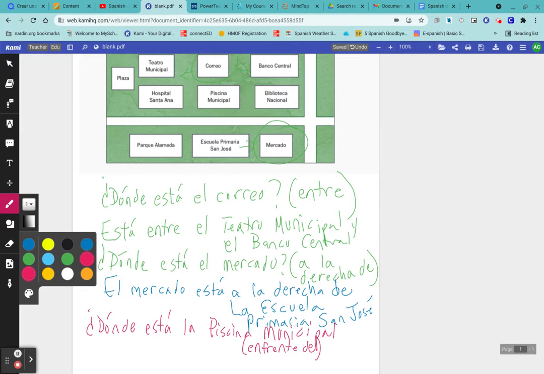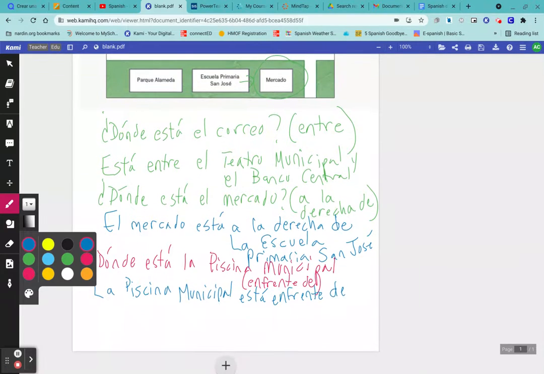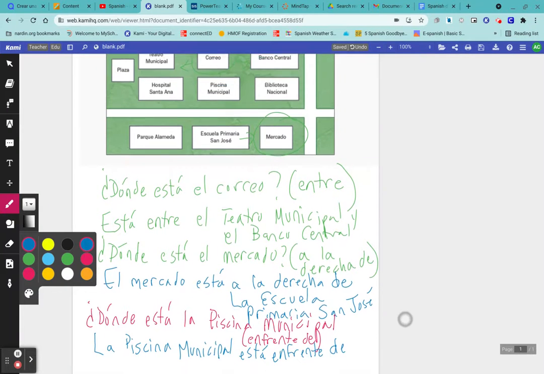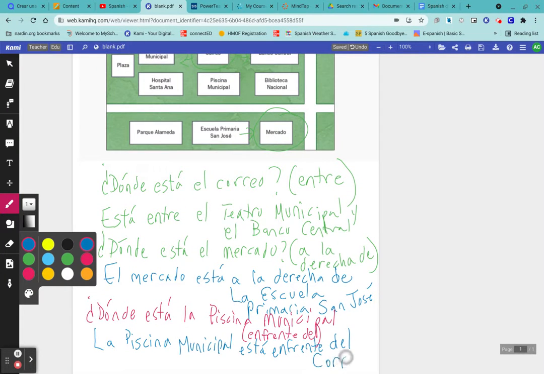How would we say the municipal pool is in front of the post office? We could say la piscina municipal está enfrente de, but because it's el correo, it would be enfrente del correo because it's de plus el. So there's an example of how we're going to use del instead of de plus el.